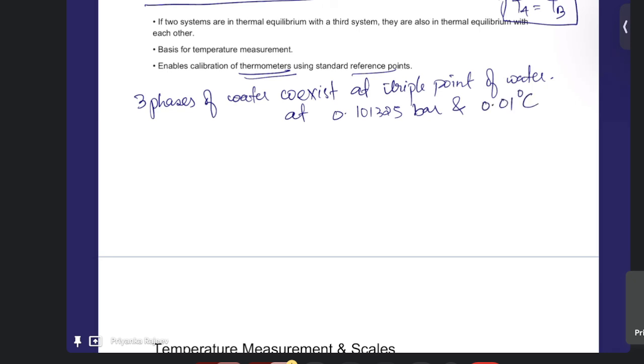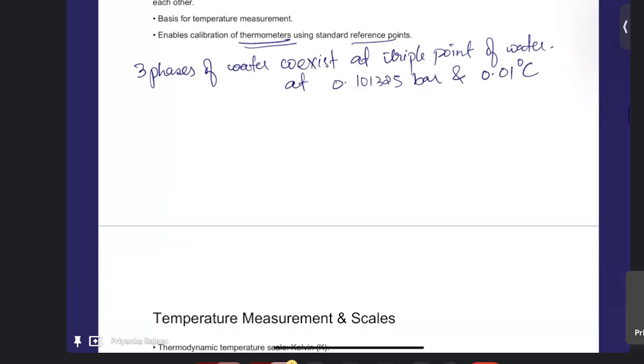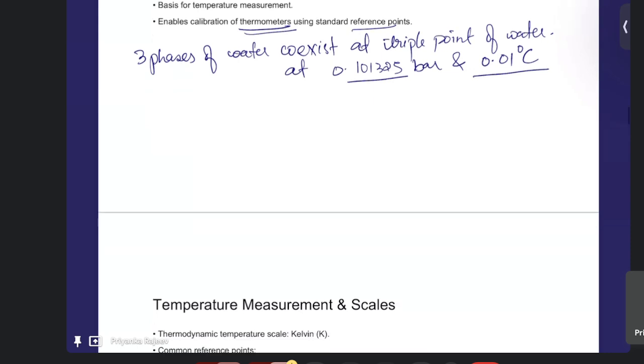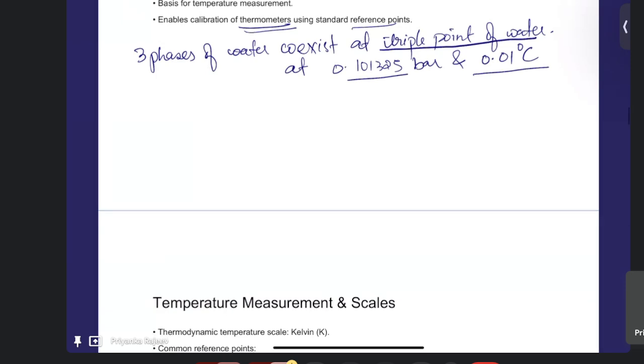If pressure changes, then this temperature will also change. As we know, two intrinsic properties are required to fix a state, that's why pressure and temperature are mentioned for the triple point. So this is practically taken as a standard reference point.